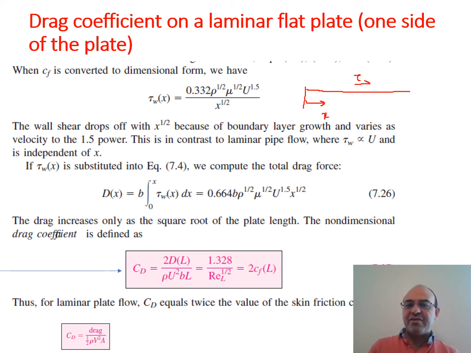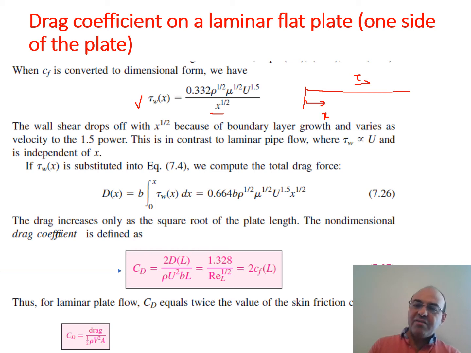If we rearrange the previous equation, tau at each given x is equal to a constant times density, viscosity, velocity to the power of 1.5, and x to the power of 1/2.